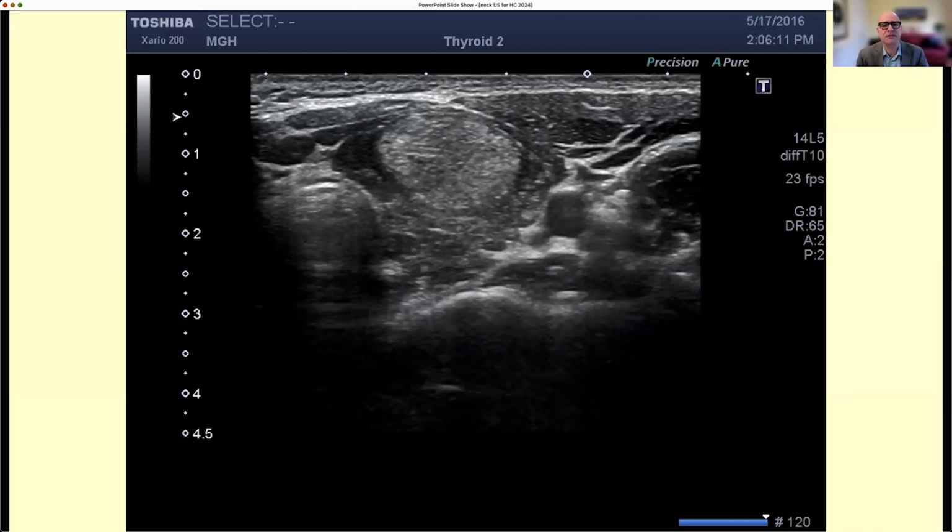Anybody want to describe this nodule? It's a hyperechoic nodule. Okay. It looks like a white knight. Excellent. That's exactly why I put it here. And why do you say that? It doesn't look like a typical nodule. I mean, it's part of the autoimmune thyroid disease. Right.